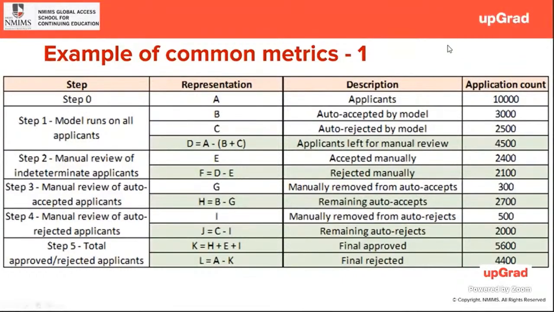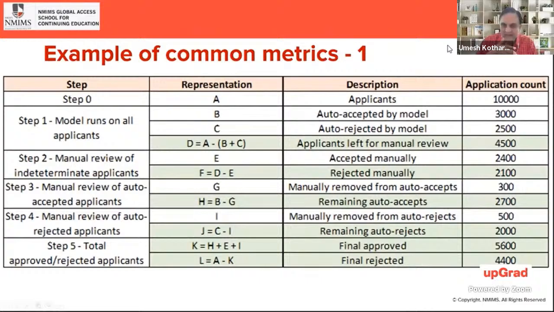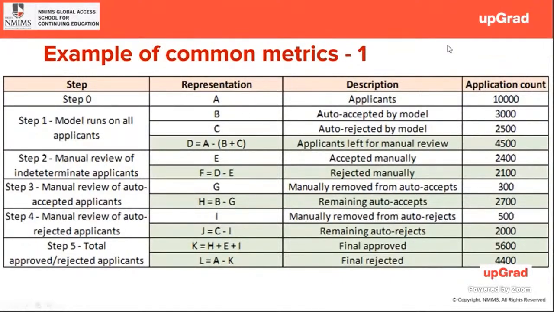Now can you take the lead and tell us about overriding rates? Professor, what we discussed was that there were two kinds of overrides. One was where it was auto accepted by the model, then some of the auto accepts were removed manually. That was part 1. The second part was when it was auto rejected by the model, and then some of the applications were manually removed from the auto rejects.